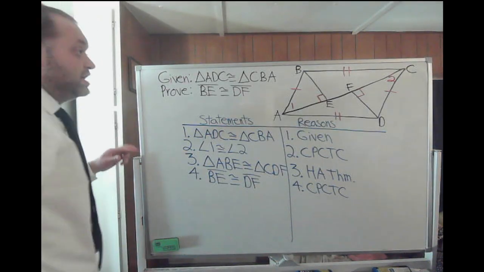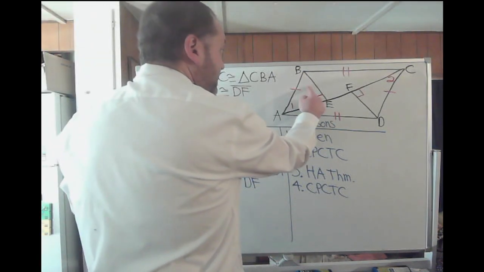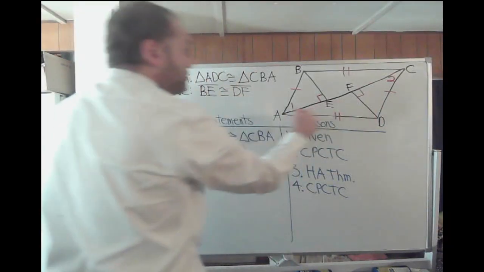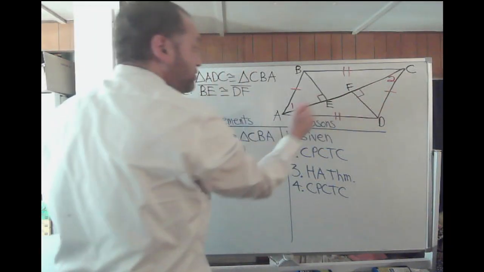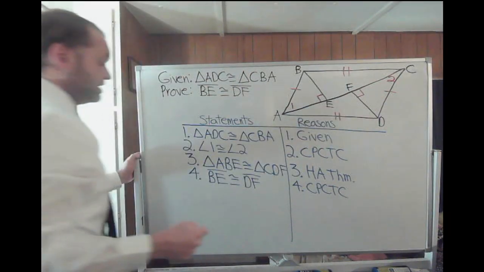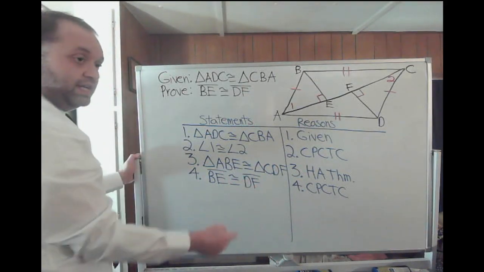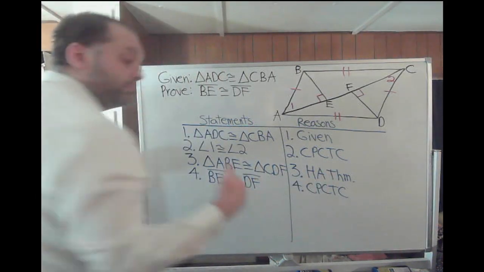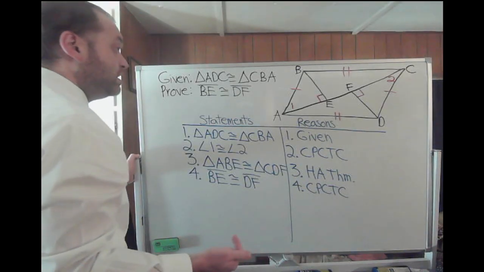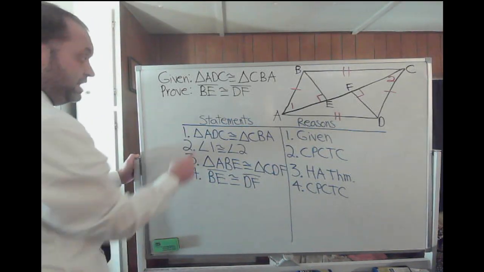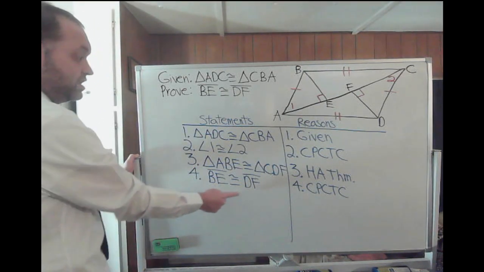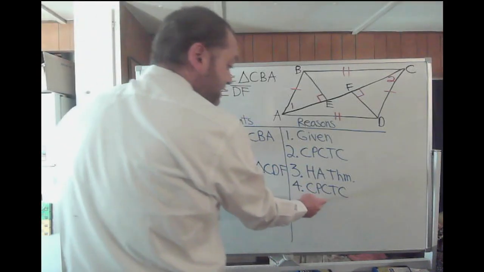Now, if we look at just triangles ABE and CDF, we have the hypotenuses congruent and an acute angle congruent. So therefore, triangle ABE is congruent to triangle CDF by the HA theorem, the hypotenuse acute angle theorem. Which, last but not least, we can ultimately prove that BE is congruent to DF by CPCTC.